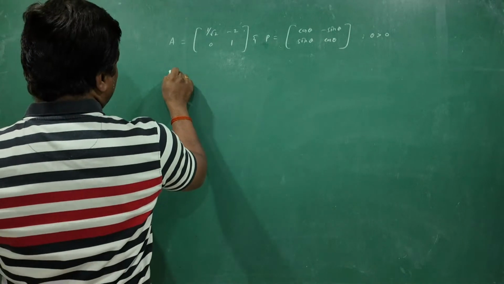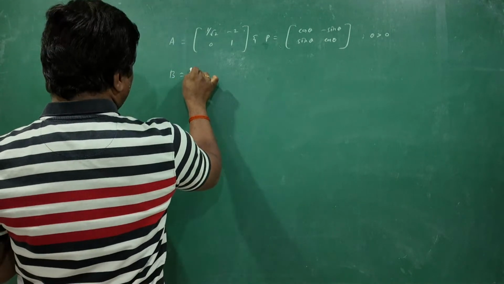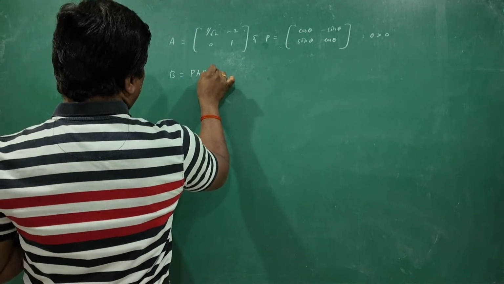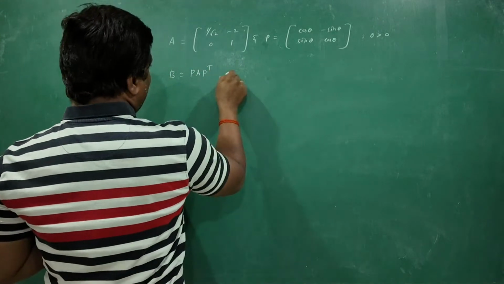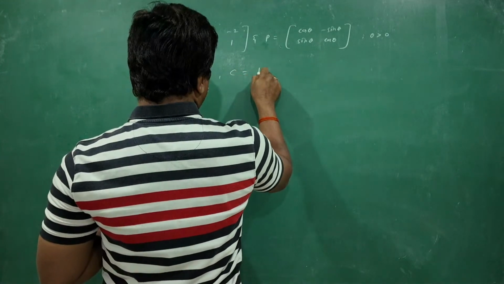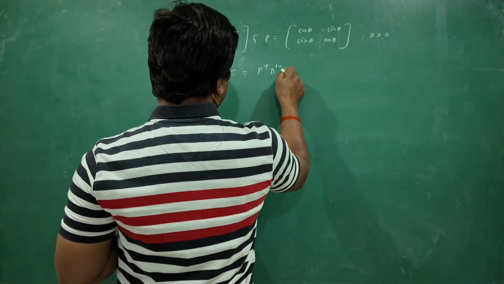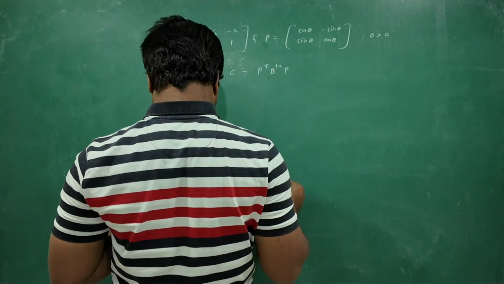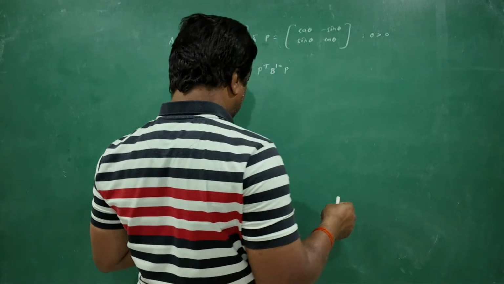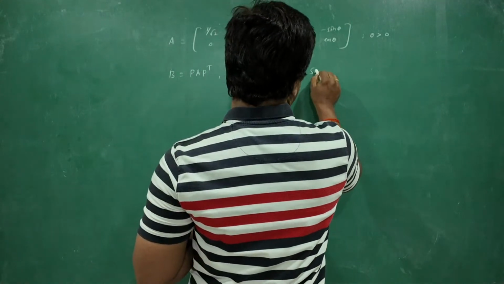And suppose B equals P A P transpose, and C equals P transpose B power 10 P. Then sum of diagonal elements of C.